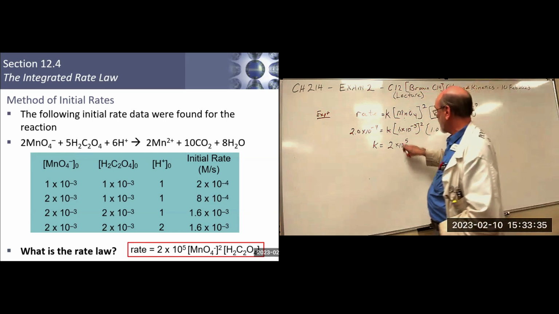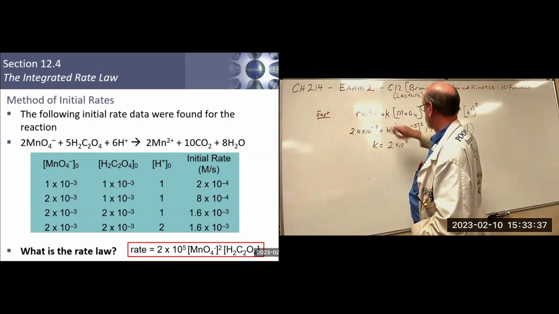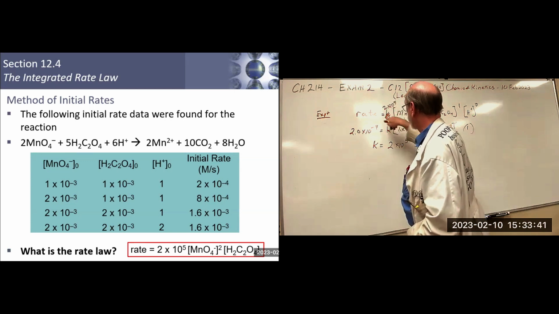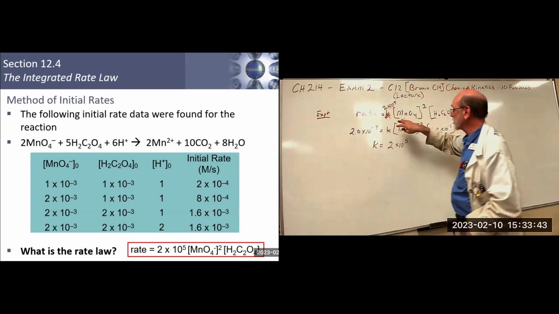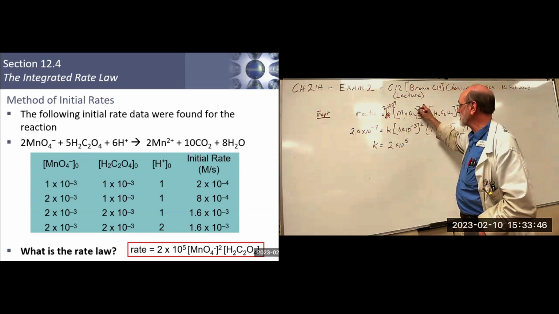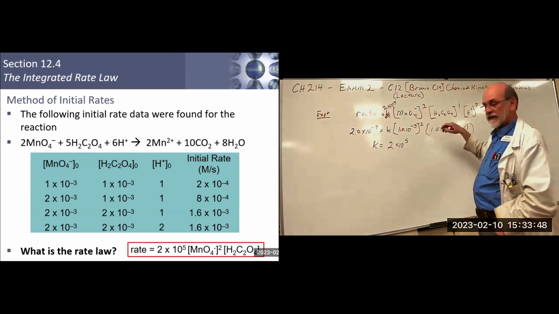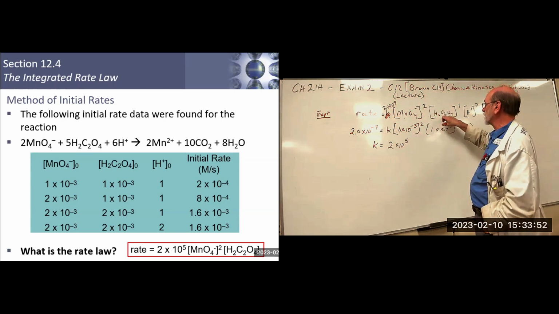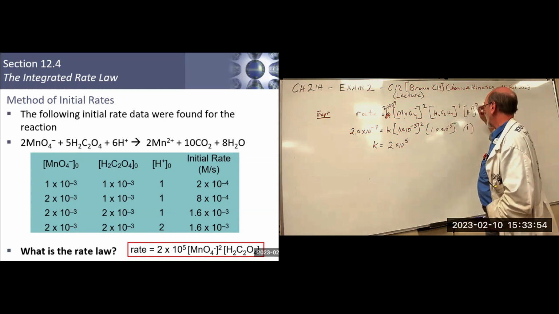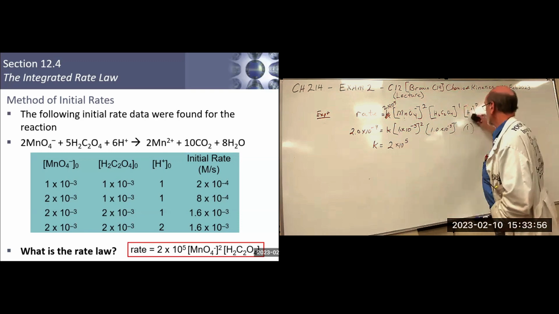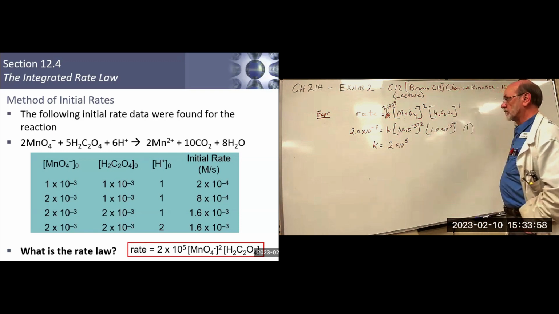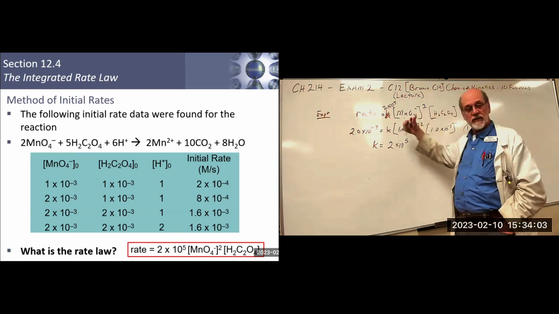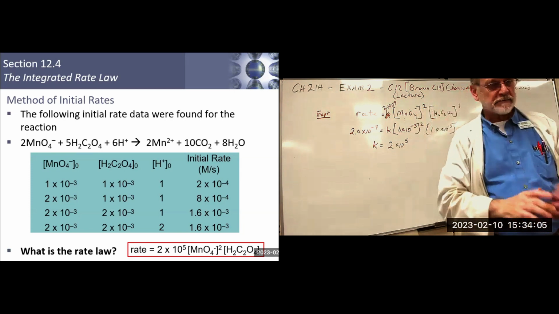And you would just plug that value in here. 2 times 10 to the 5th. The rate is equal to 2 times 10 to the 5th times the manganate concentration. That should be a negative sign there. Squared to the second power, and oxalate to the first power, and this term is gone. That would be the rate law. It would just be those two terms because the other term doesn't matter.